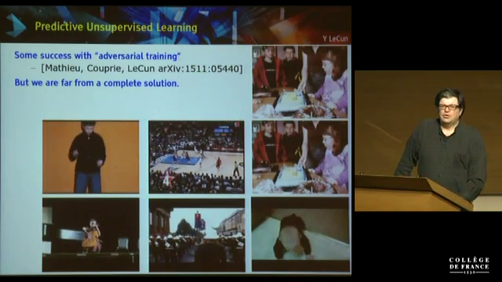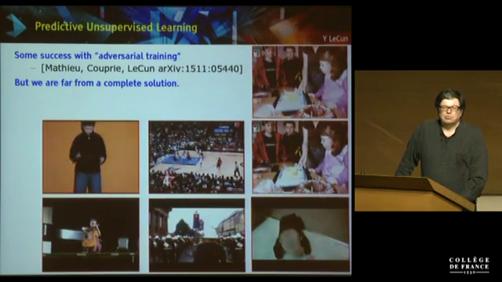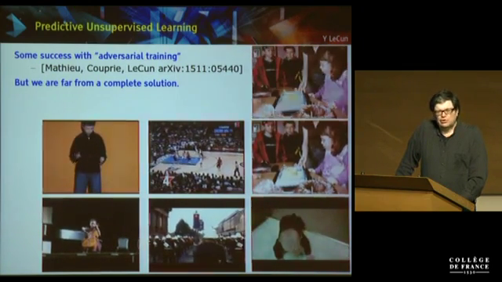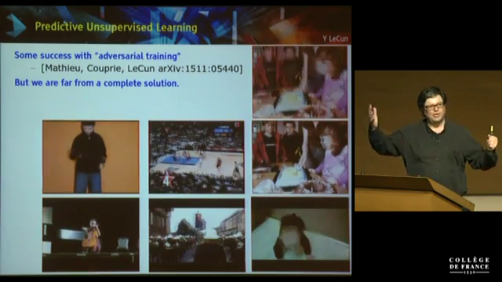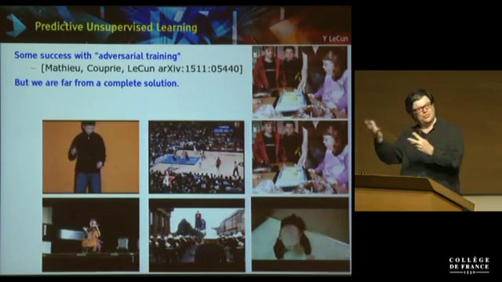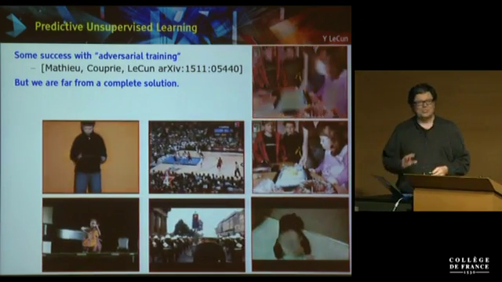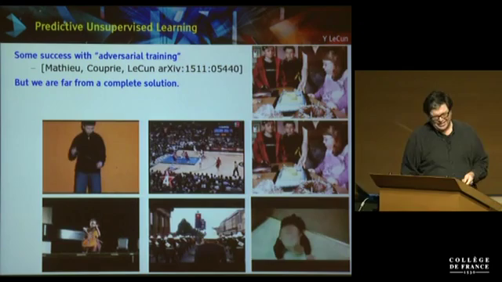Ultimately, the goal would be to have a system that watches a video of, I don't know, an episode of some series, and when the character says the murderer is, the system can predict who is the murderer, who killed him.